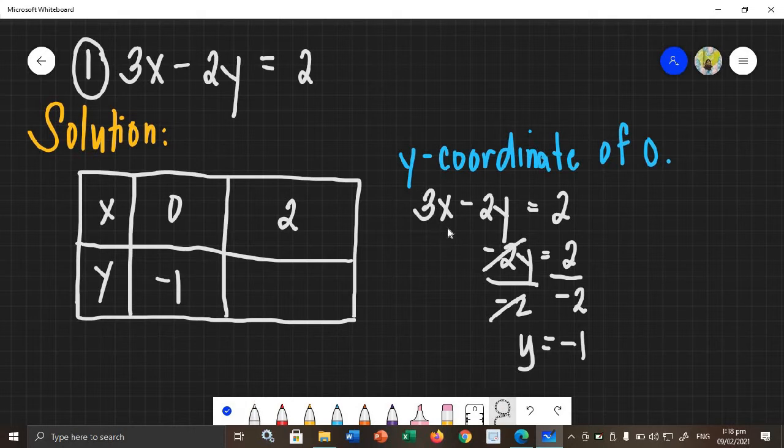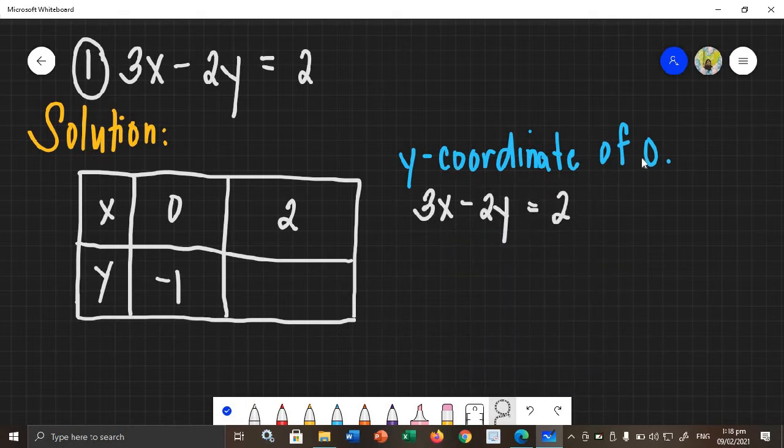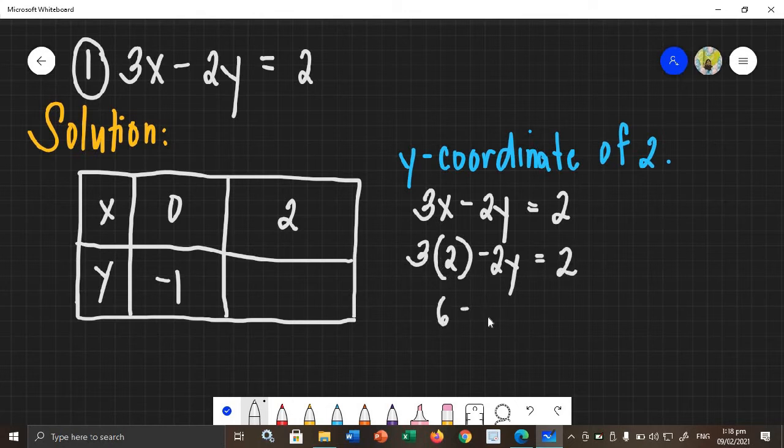Okay? So, yun lang. Same as your second y coordinate. But then here, yung gagamitin mo naman is yung pangalawang x coordinate na inassign mo, which is 2. Okay? So, substitute natin sa x, it will be like this. And then 3 times 2, that will be equal to 6 minus 2y equals 2.